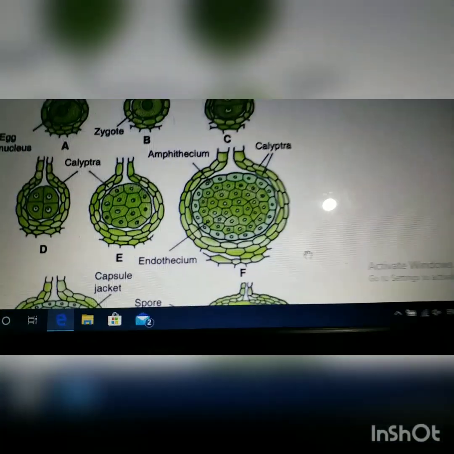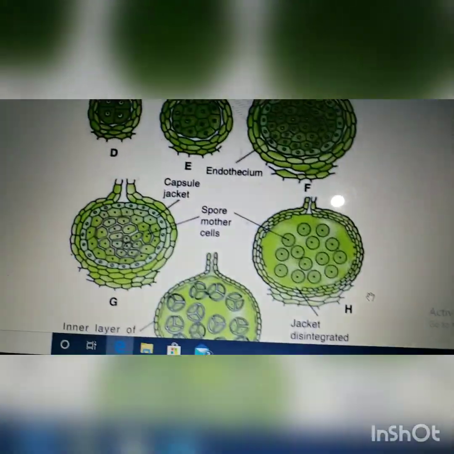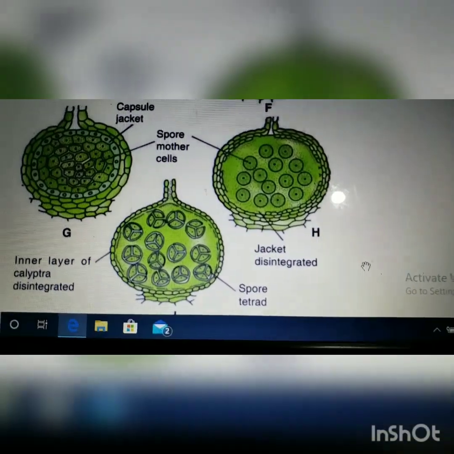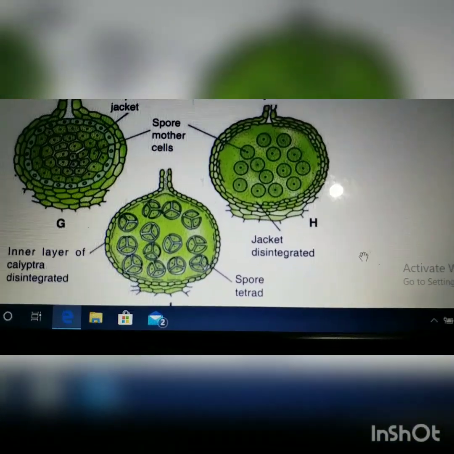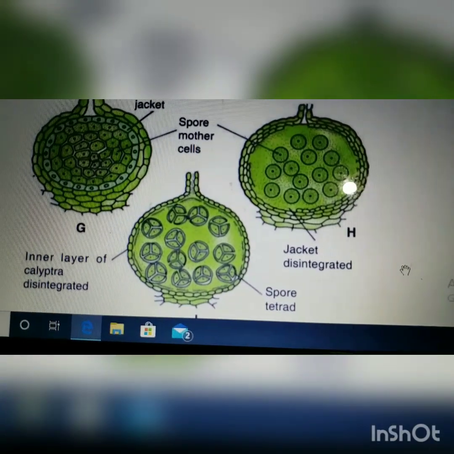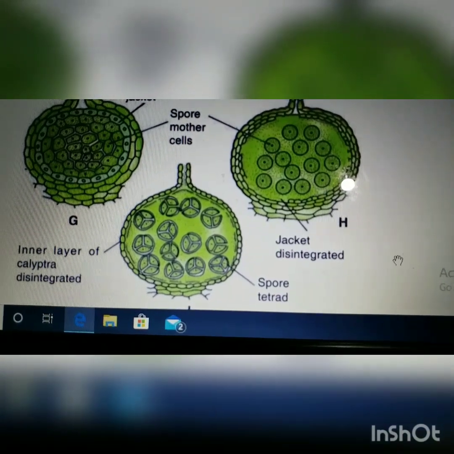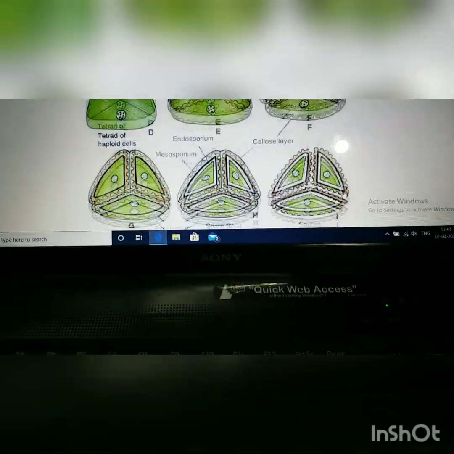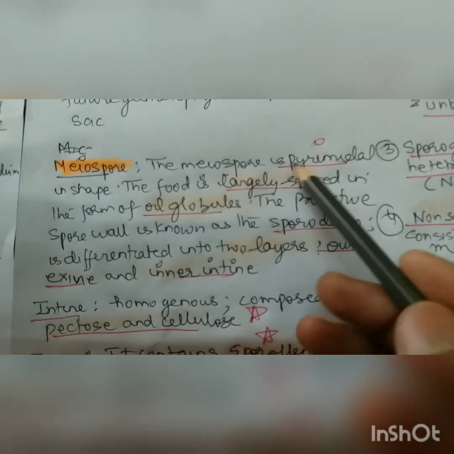Now this capsule is covered by a single layer of calyptra, and it has the spore mother cells, and these spore mother cells result in the formation of spores, which undergo meiosis, and they form meiospores, right? See, these are pyramidal-like structures, these are called meiospores, right? So now meiospores are pyramidal in shape.